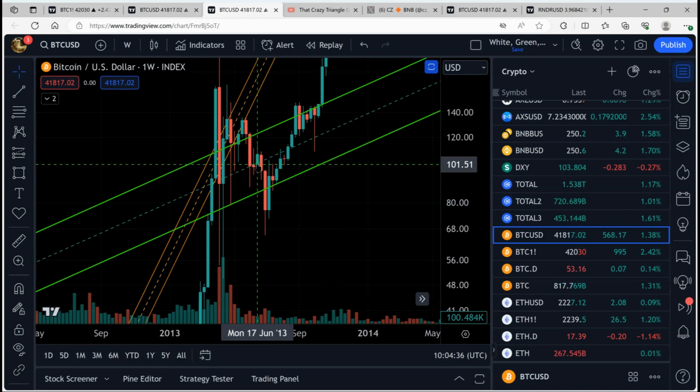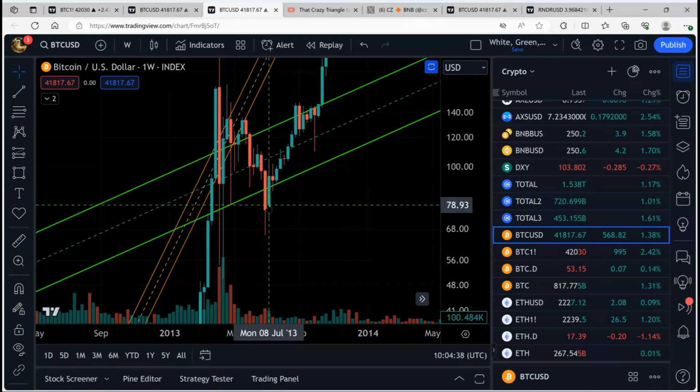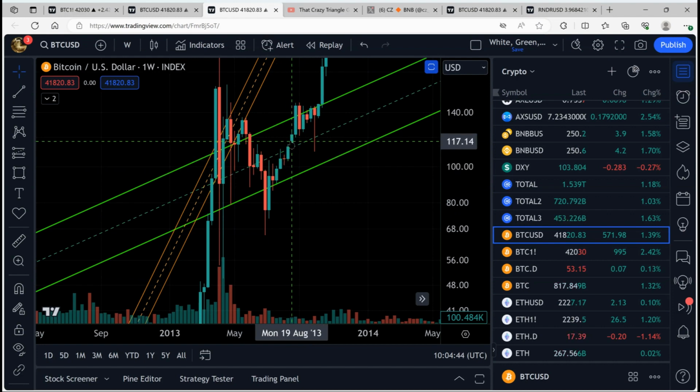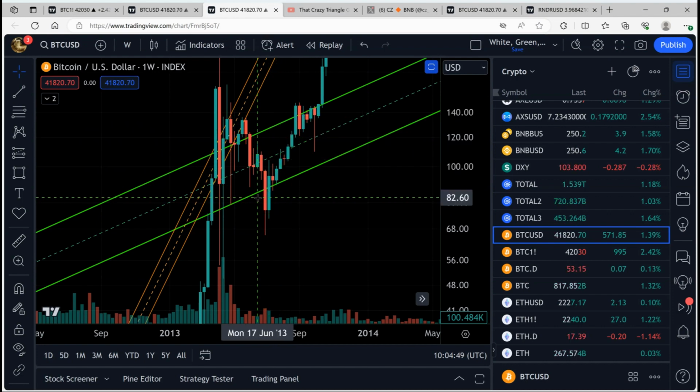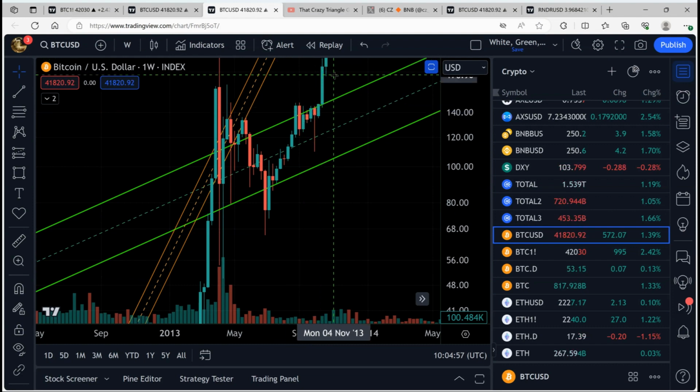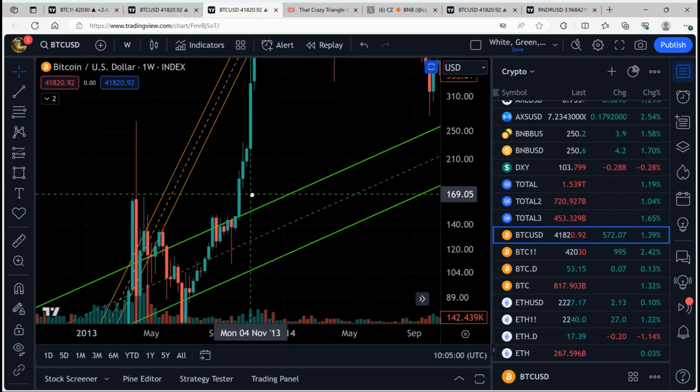Tried to hold along the center line, fell right through. Came back, tested the bottom of the channel as support, and then shot right through the channel, as we often do in a channel, to the top right here, where it acted as resistance. Once we broke through, boom, we took off.